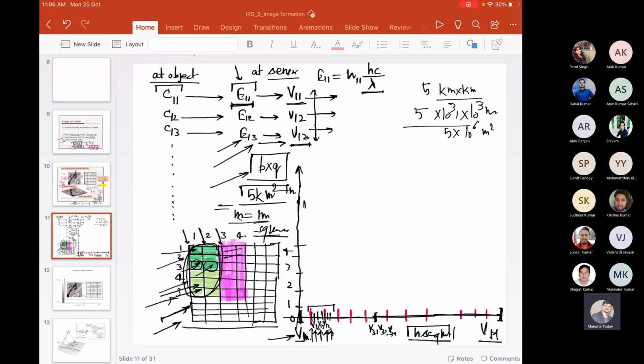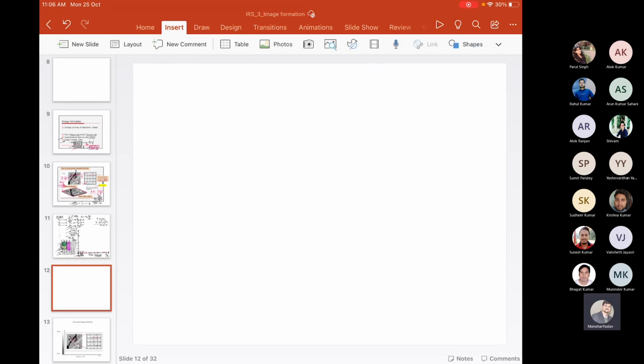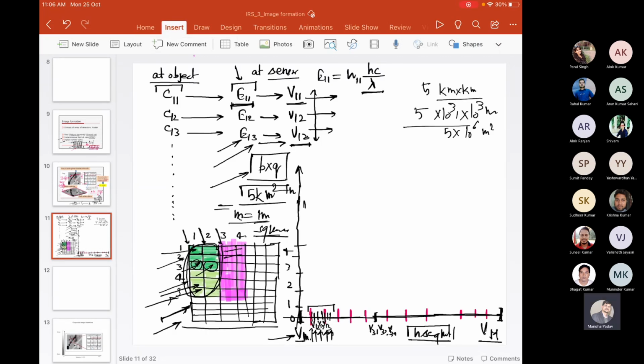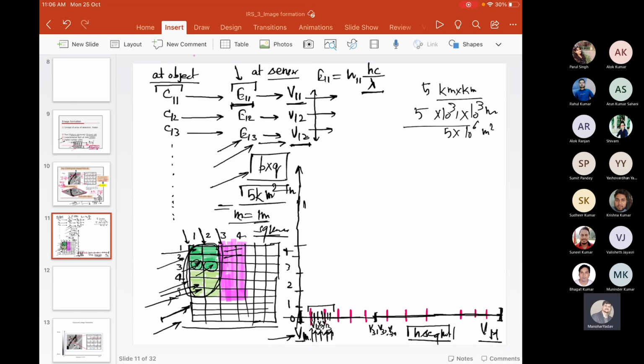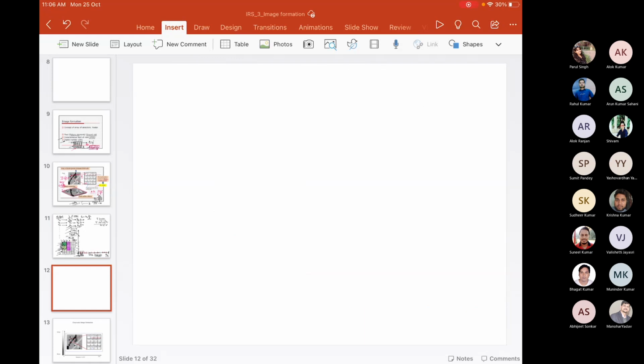So, is there any doubt in this discussion? If there is no doubt, then further we discussed in detail how the analog to digital converter works.